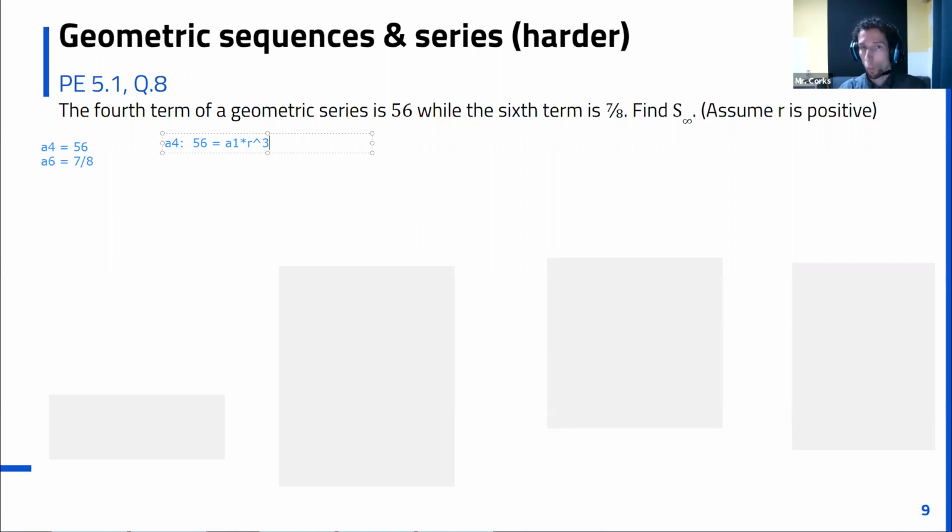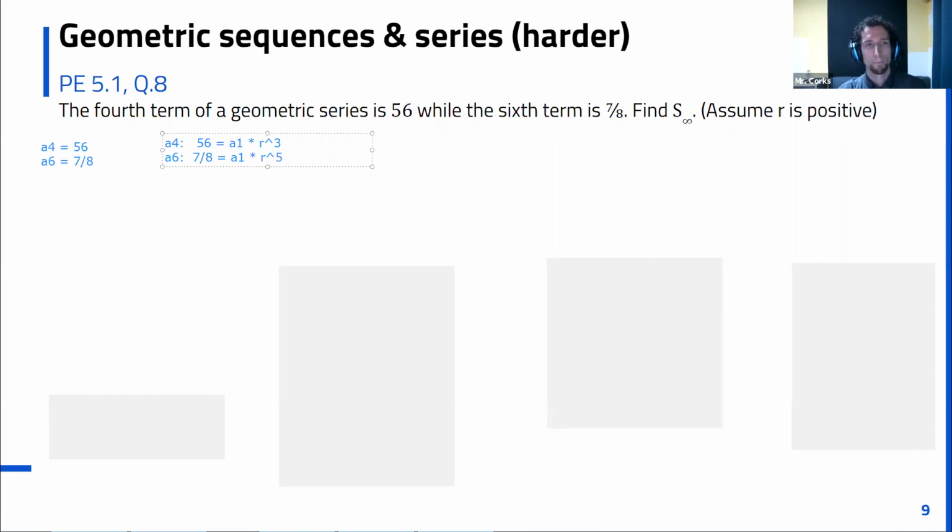So that's one equation, 2 unknowns. That is not very useful on its own. But we were also told what A6 is equal to. A6 is 7 over 8. So we can build something here too. So A6, 7 over 8, is equal to A1 times R to what exponent? 5.